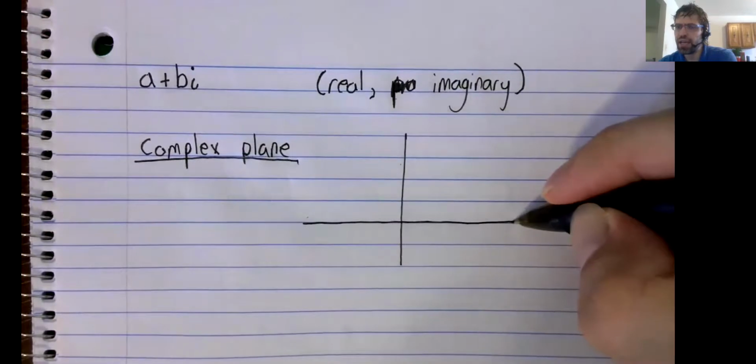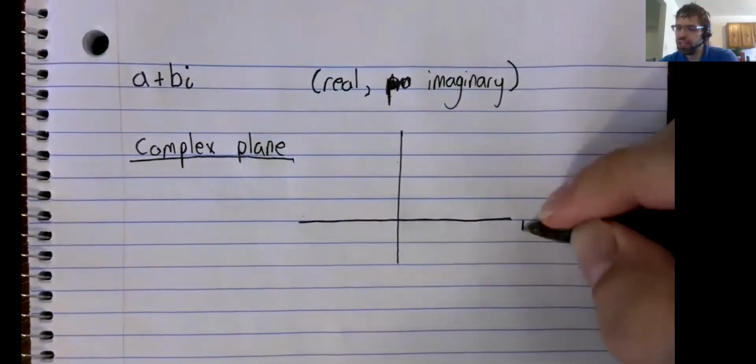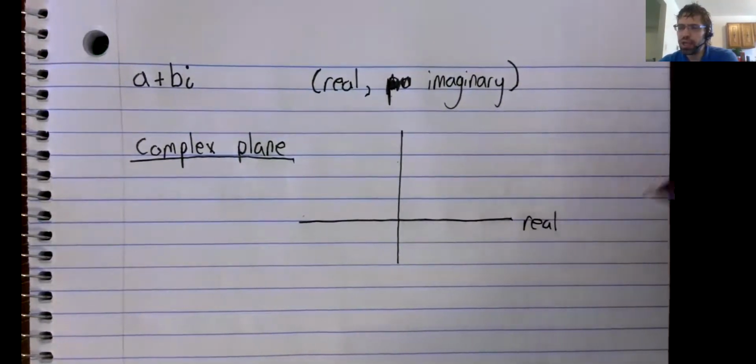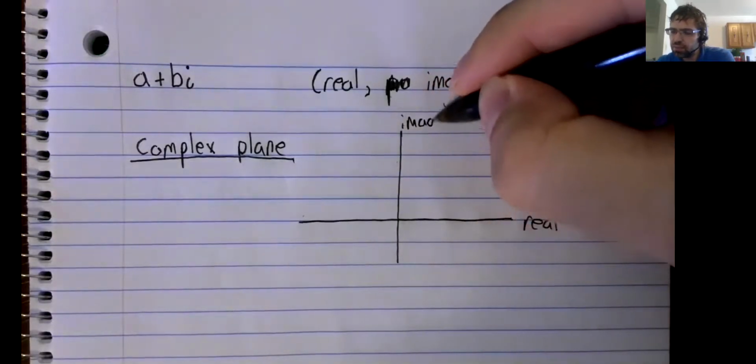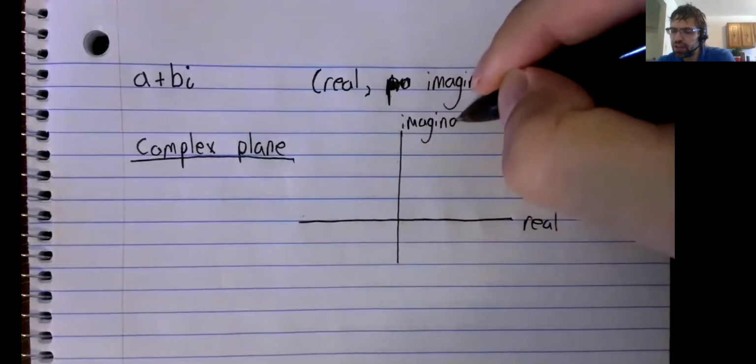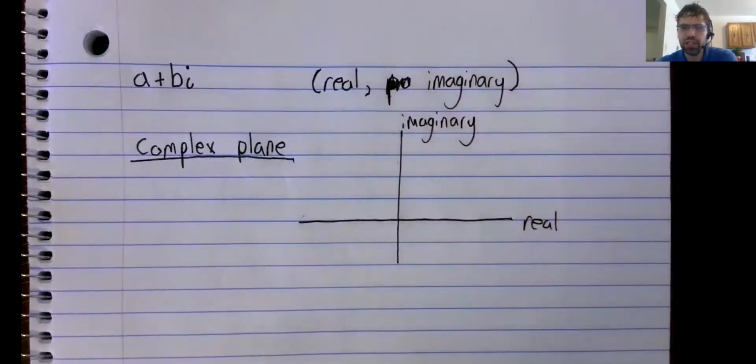So we have a real axis, and we have an imaginary axis.